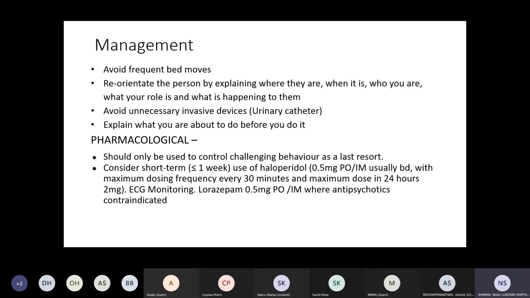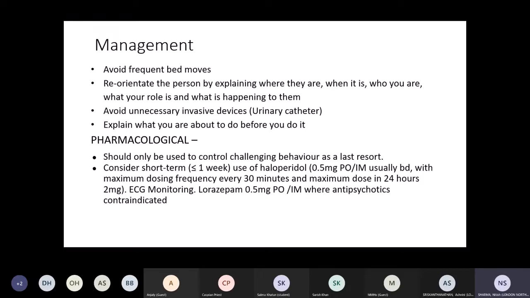So next on, how would you manage? So with environmental causes, we would avoid any frequent bed moves, keep the patient at a particular place. If the patient needs to go to a long stay elderly ward, he should go directly from A&E rather than going through all the different wards. Then very important to reorientate the patient.